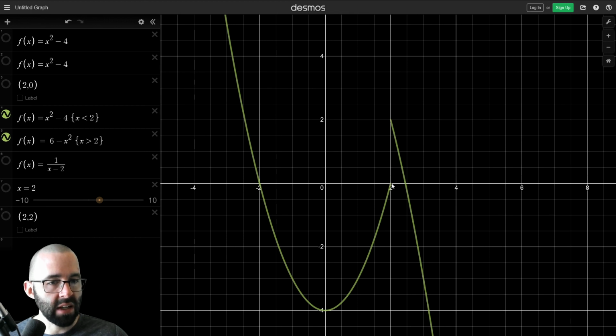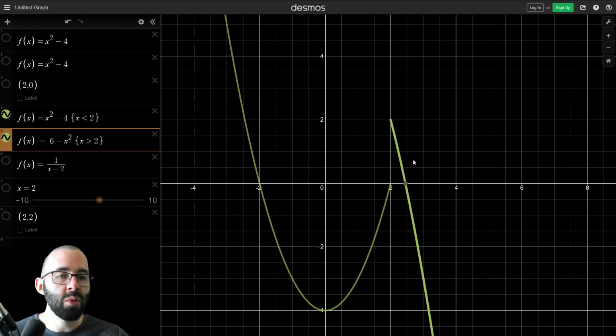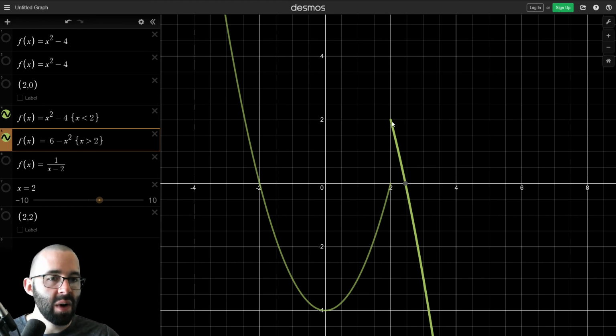The y value is getting really close to 0. But on the right, as x gets really, really close to 2, the y value is getting really, really close to positive 2. So from the left, it's approaching 0. From the right, the y value is approaching 2.